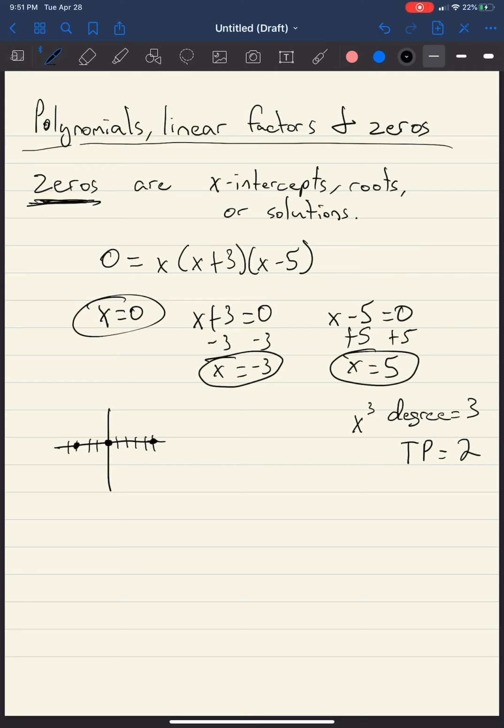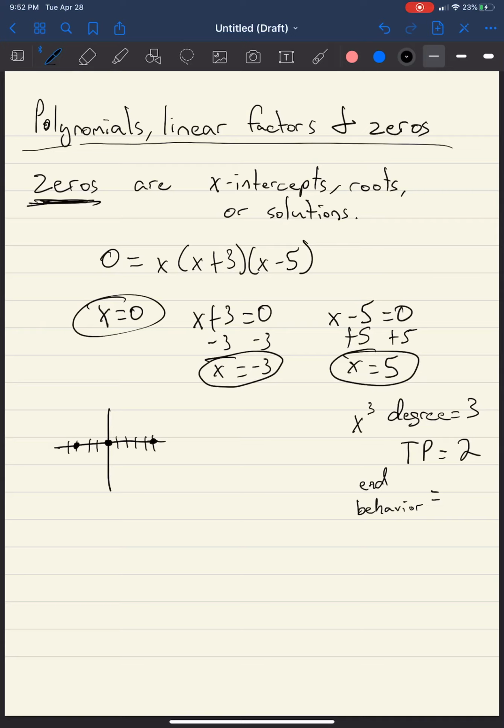And then the last thing we want to know is our end behavior. This is probably the hardest part, remembering how to find our end behavior. From the last video, if the degree is an odd number, we know it's going to be either down up or up down.